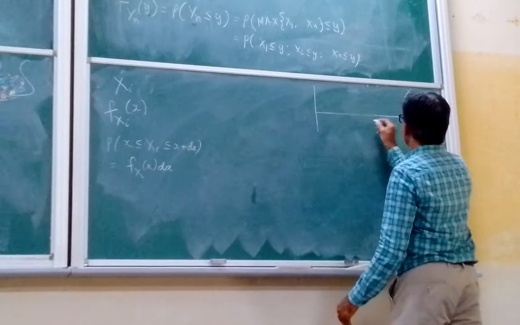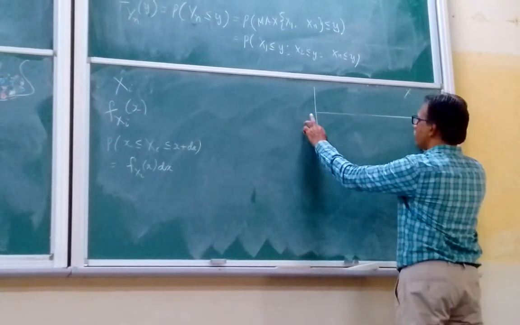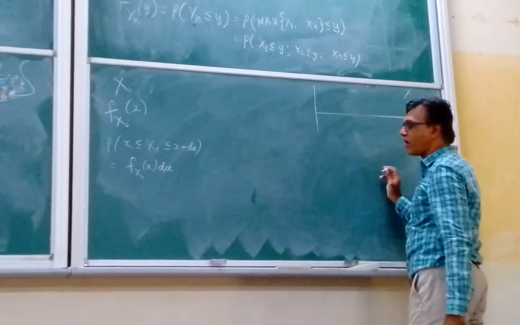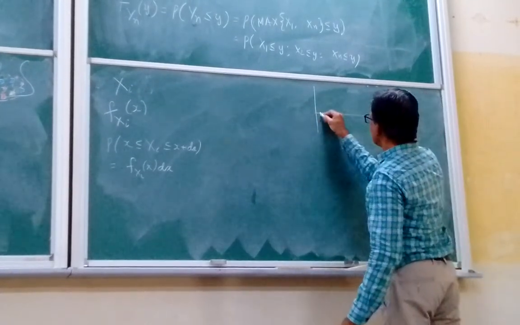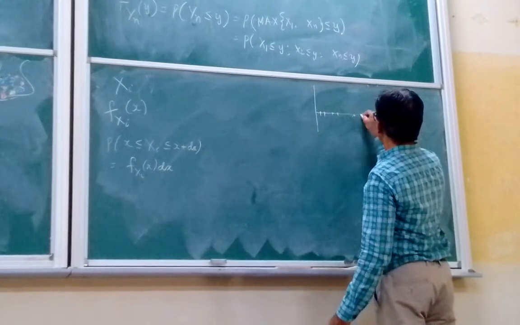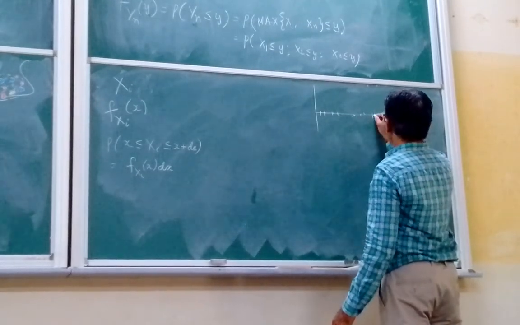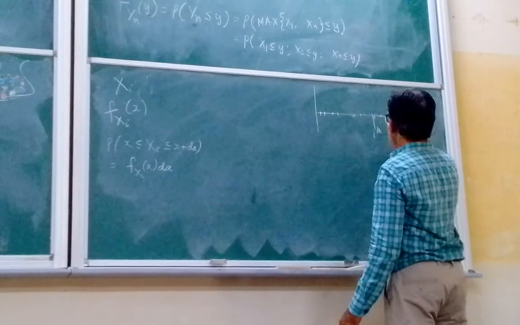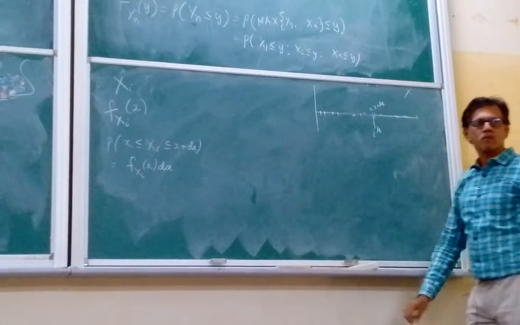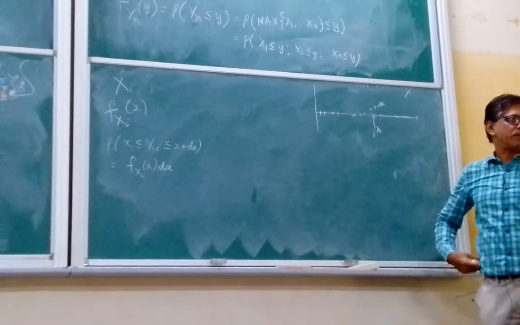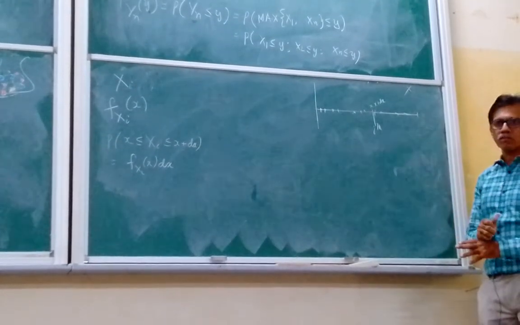That is, if this is the range over which x's can take values, many realizations may take values like this, but the ith one should lie in the interval x to x plus dx. What is the probability it will happen? That's what the question is.